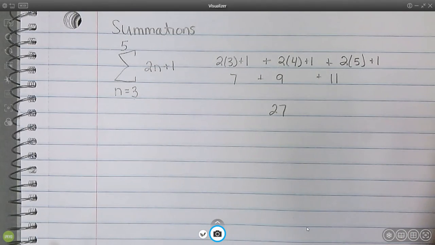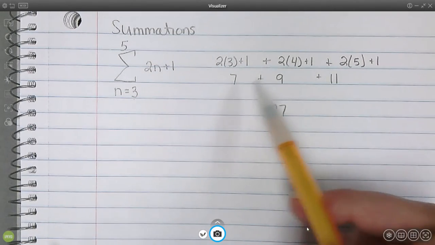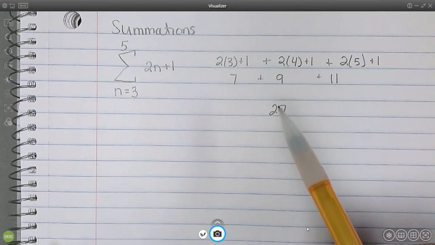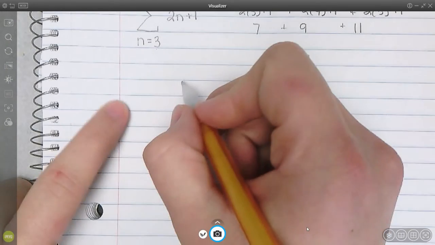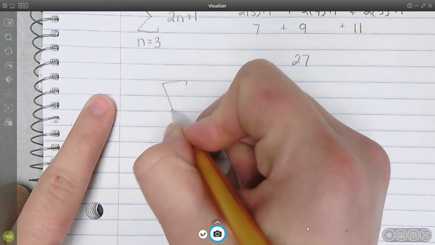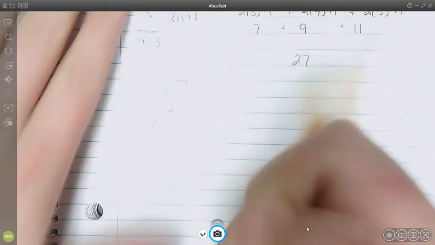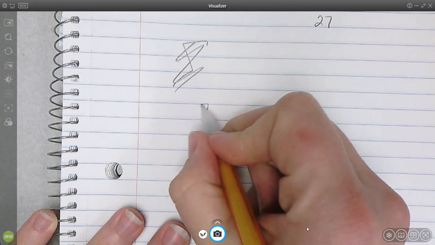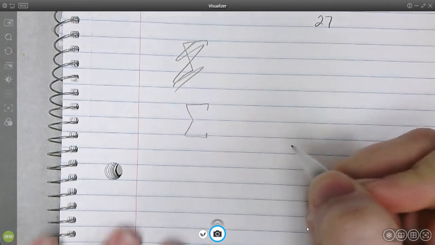Okay, so this one was easier because there were just 3 numbers, but once you get into harder ones, let's try another.